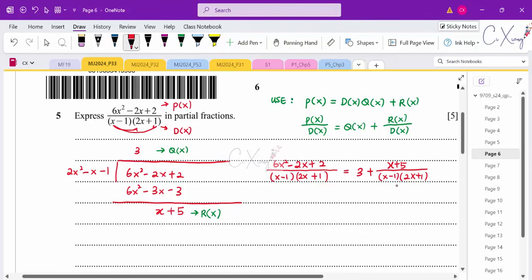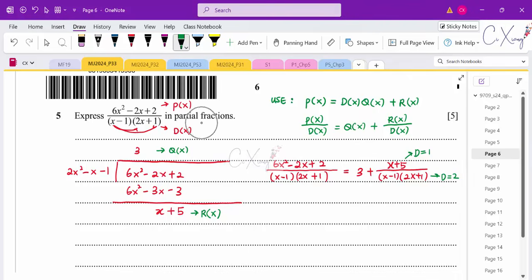So this is another fraction that I get after I apply the long division. You can see that for this one, the degree of the numerator is 1 and the degree of the denominator is 2. So you're having a proper fraction now.